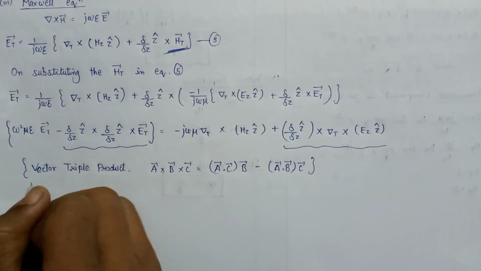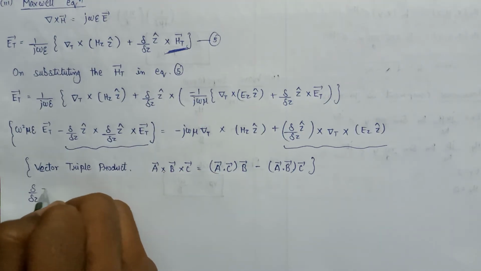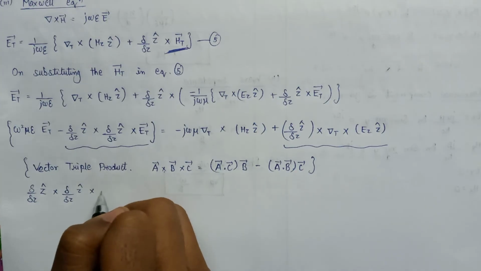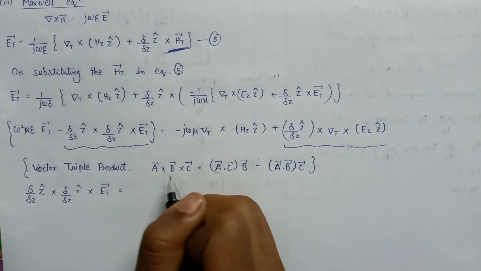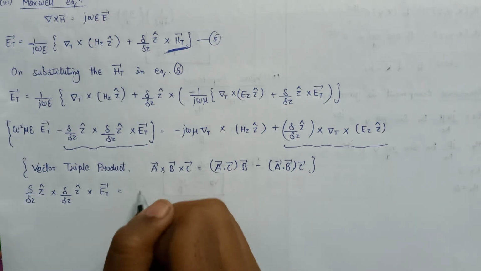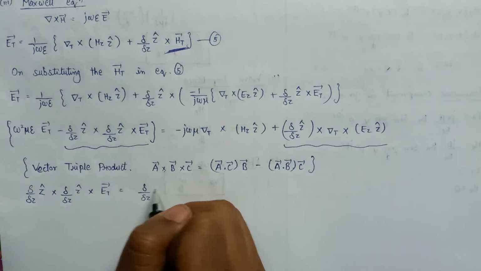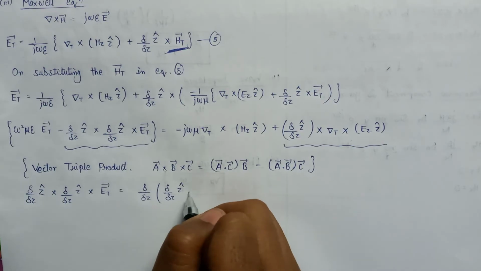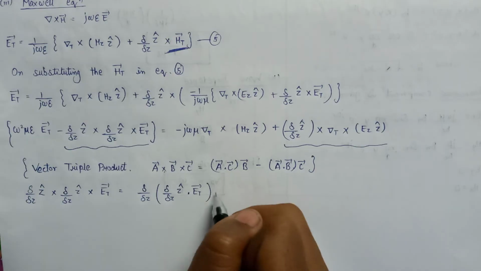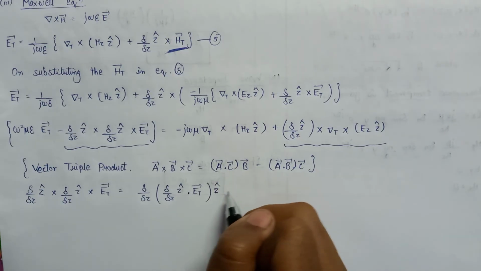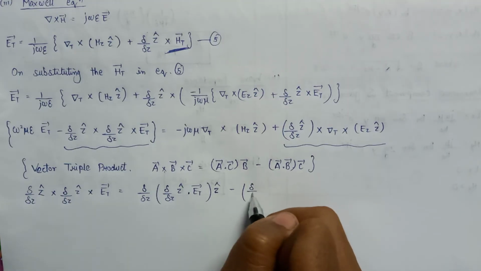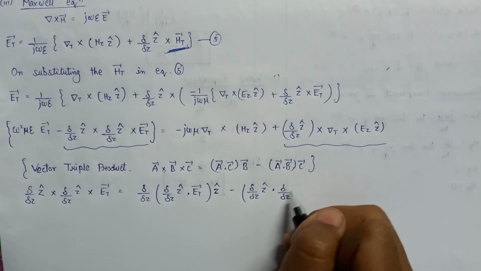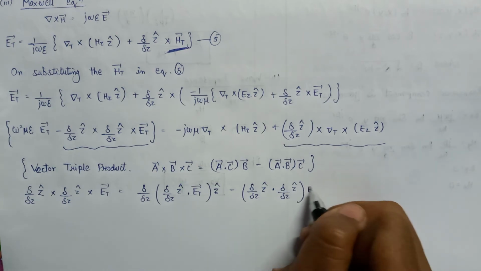So this term, that is del over del Z of Z cap cross del over del Z of Z cap cross E transverse, by the help of this vector triple product identity can be written as del over del Z in multiplication with del over del Z of Z cap dot E transverse into Z cap minus del over del Z of Z cap dot del over del Z of Z cap in multiplication with Et.